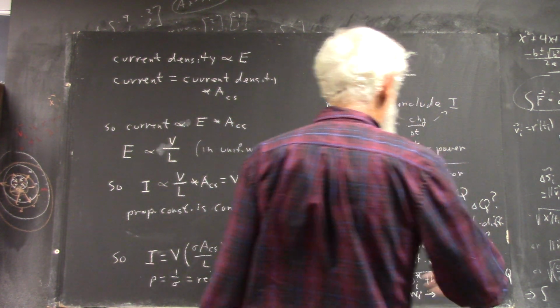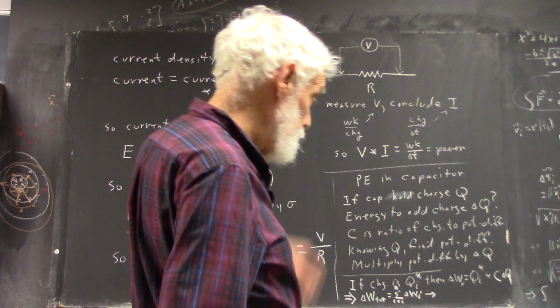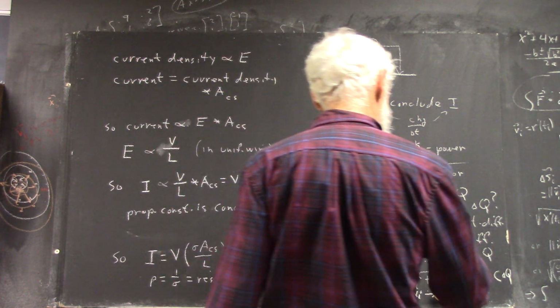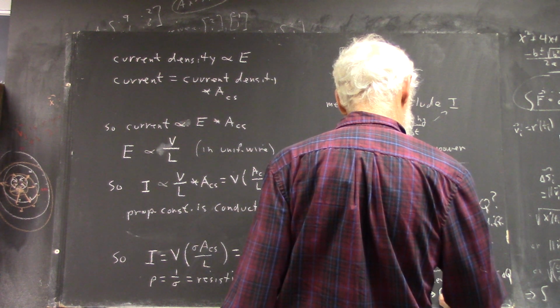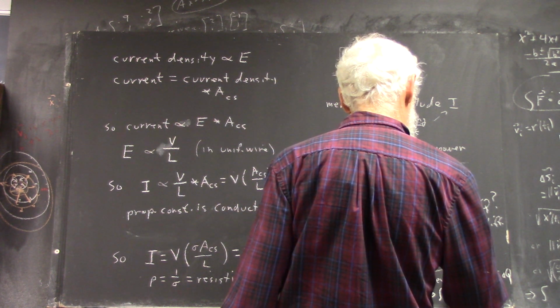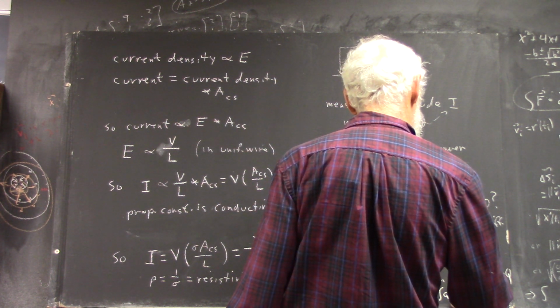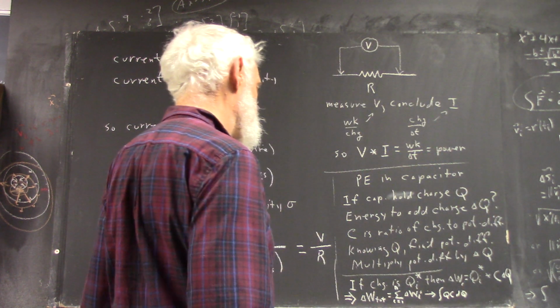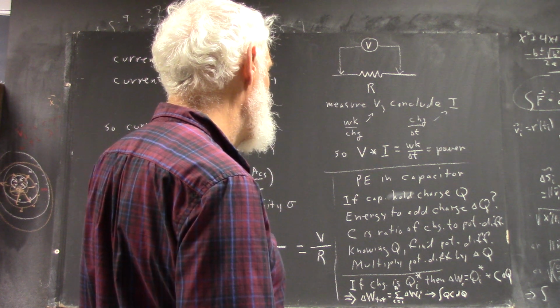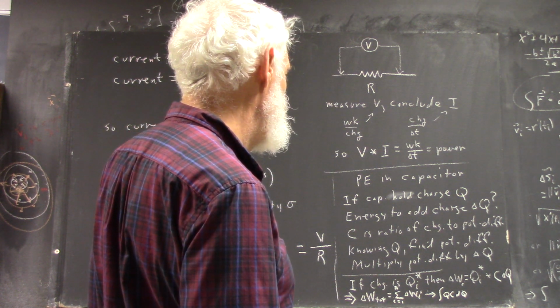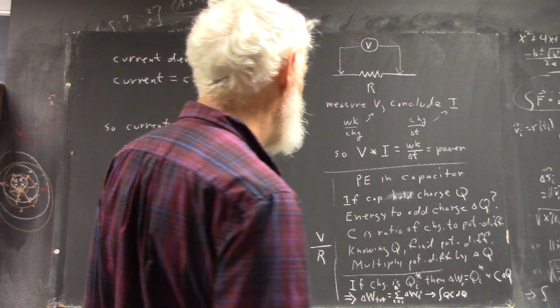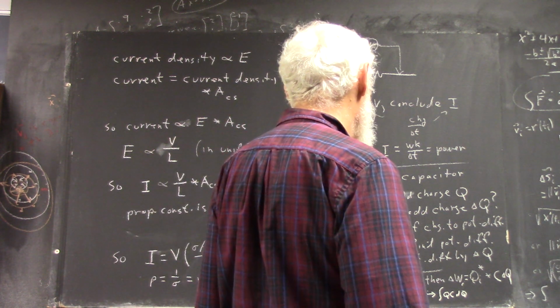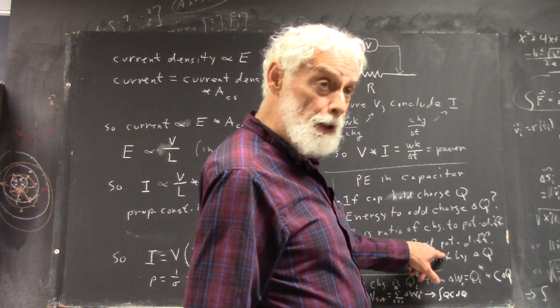And as n approaches infinity, and your delta Q's all get small, this approaches the integral of QC dq, and oh man, I did something really bad. Knowing Q, you find the potential difference, right?